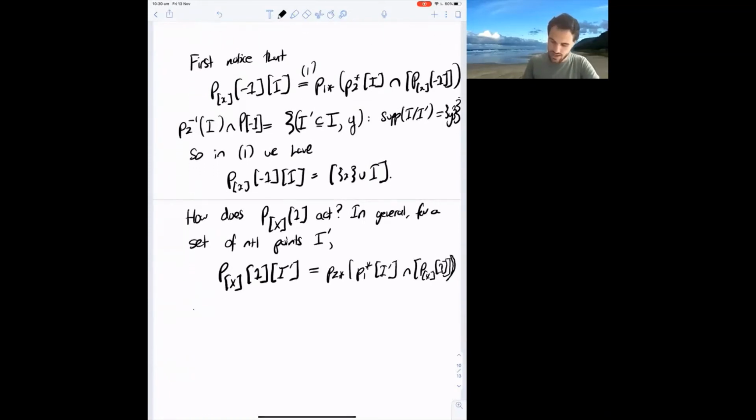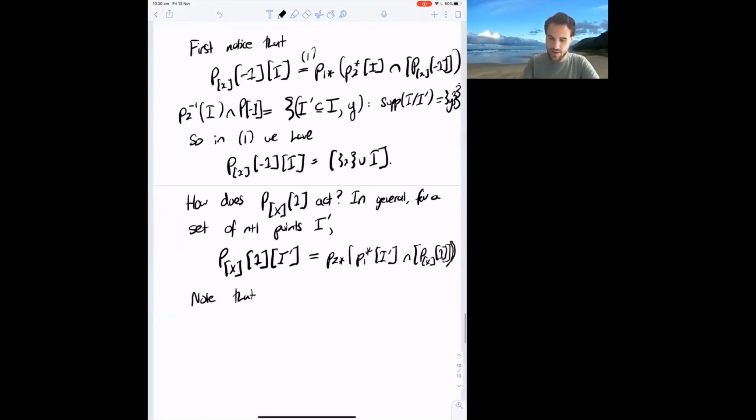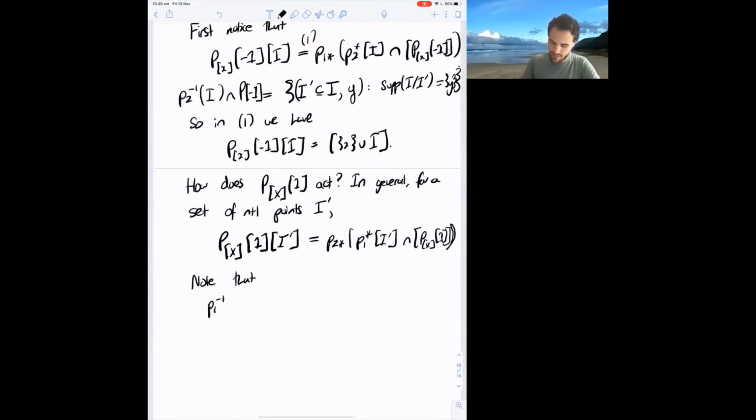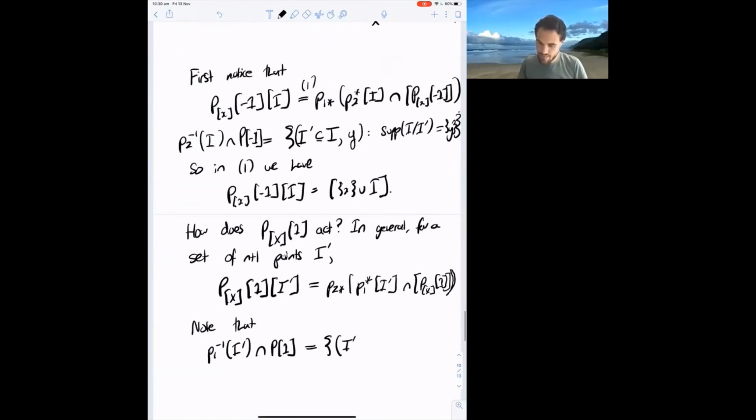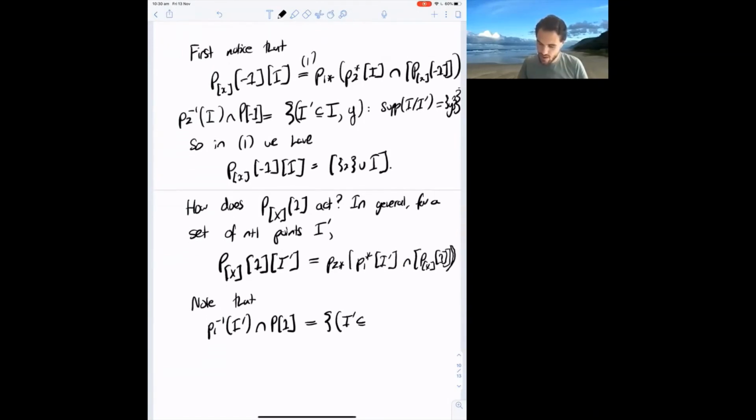Notice that on the set theoretic side, if we want to calculate this first part, it's p1 inverse of I prime intersected with this, which is equal to a set where I1 is smaller than the ideal that we get now.